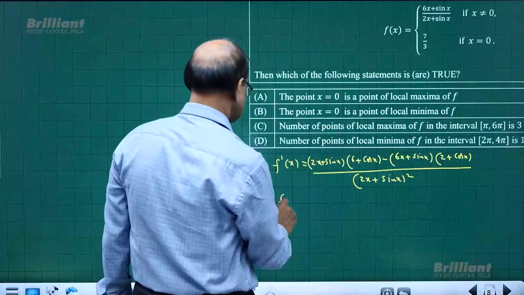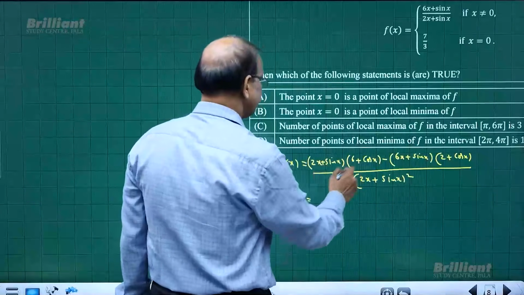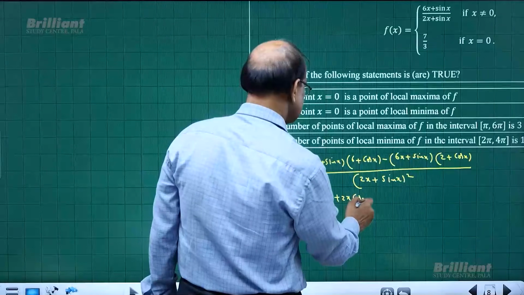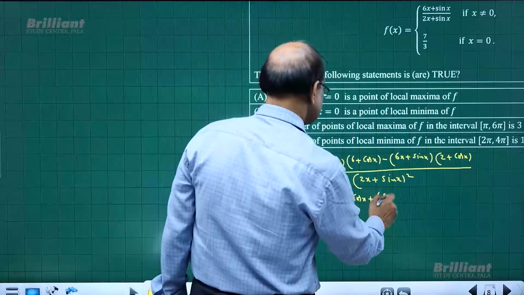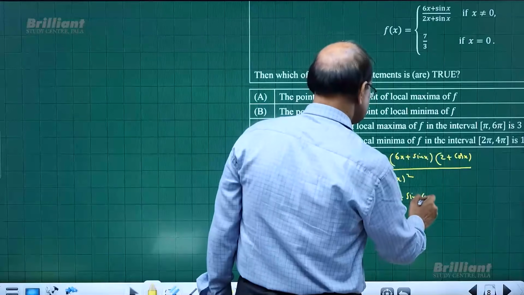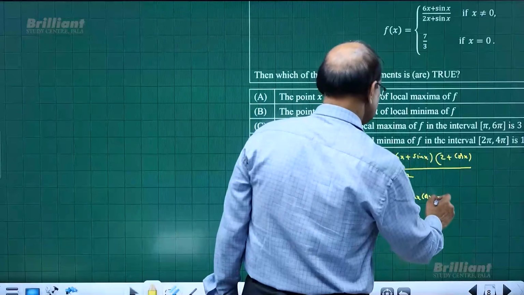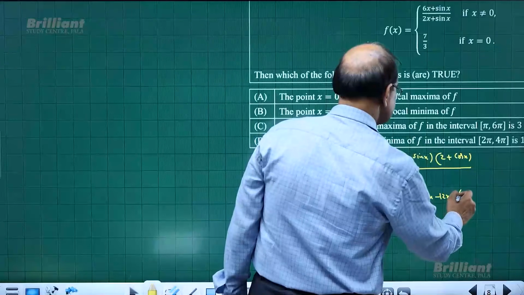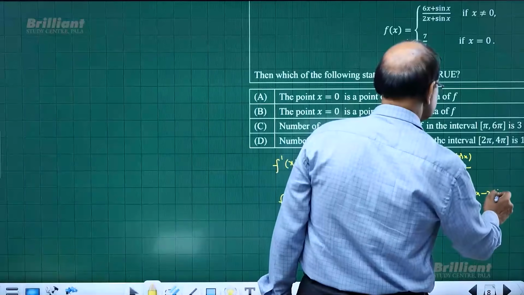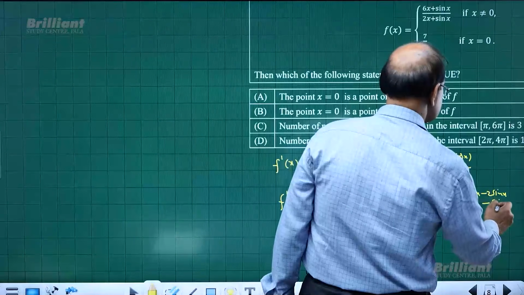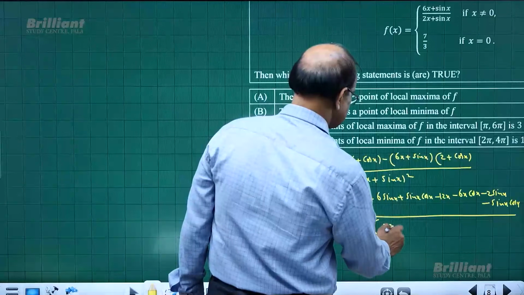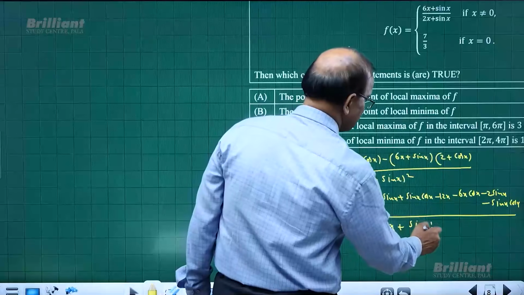So, what we will get is f dash x equal to (12x plus 2x cos x plus 6 sin x plus sin x cos x, sin x cos x minus 12x minus 6x cos x minus 2 sin x minus sin x cos x) whole by (2x plus sin x) whole square, right.